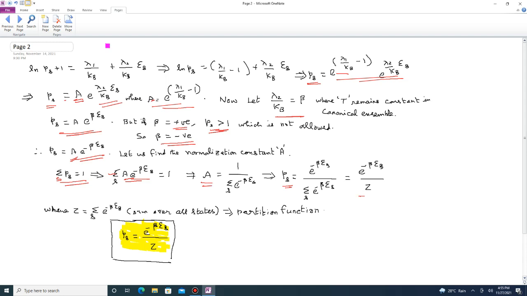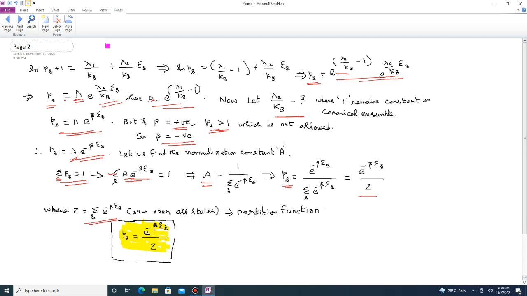Now this can be written like this: p_s is equal to e power minus beta e_s divided by Z. Now this Z can be written like this: Z is equal to summation over s of e power minus beta e_s, where s is the sum over all the states.